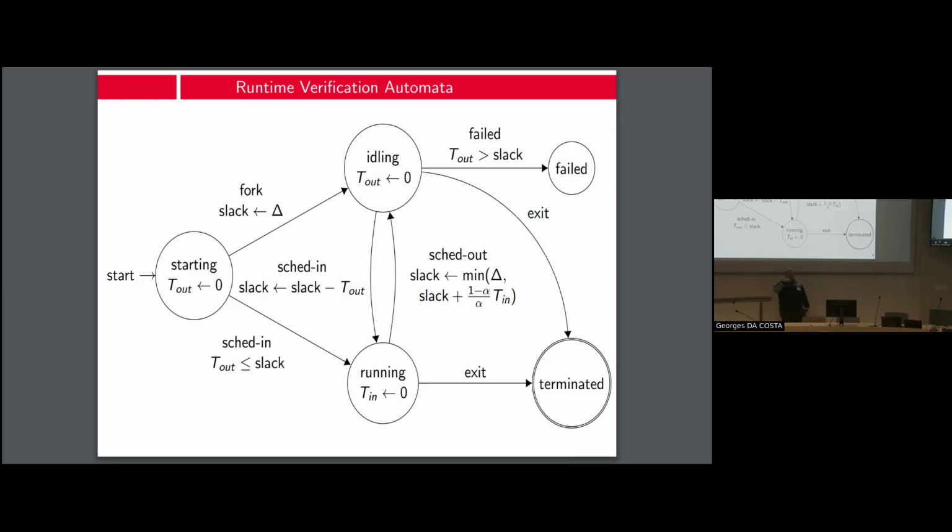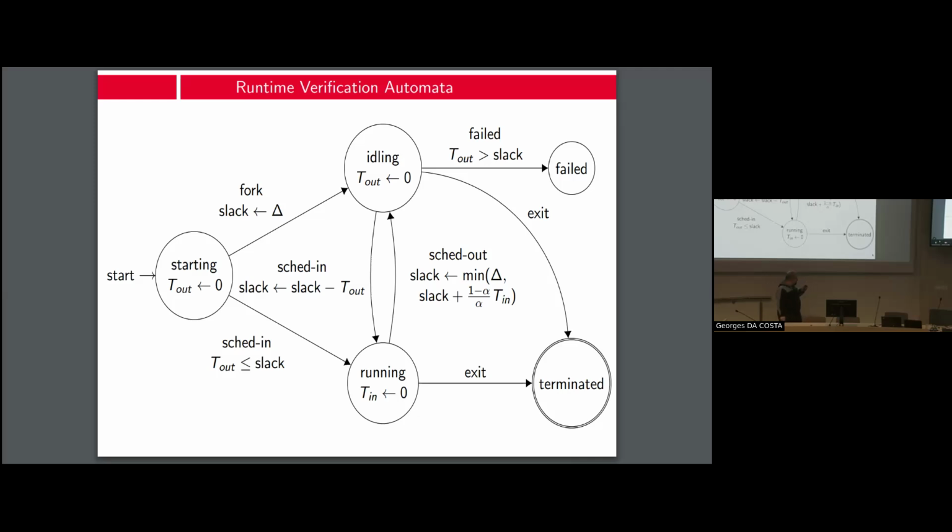In timed automata terms, these transitions are only possible when the condition is true. As in, if the time that I was out is more than the slack, then I can do only that transition. Otherwise, I'm forced to just fail up there.